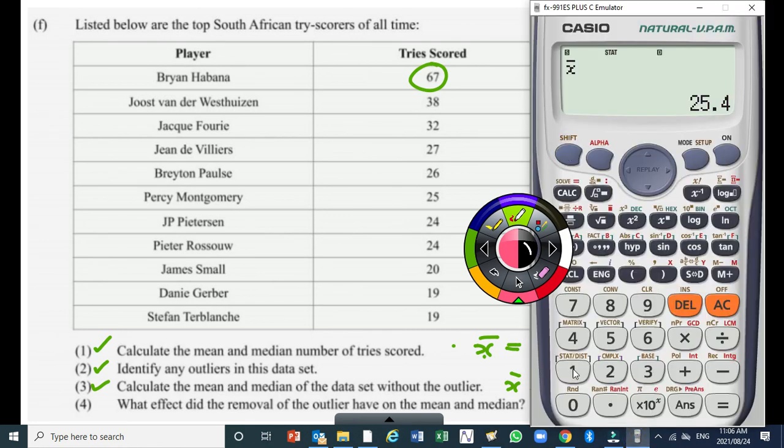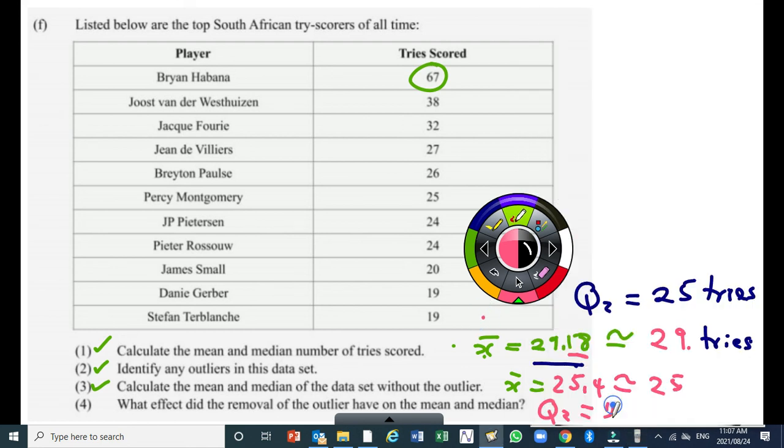So shift and 1 and number 6, and then number 4. It's now 24,5, which I can approximate to 25. So the mean and the median are almost the same now.